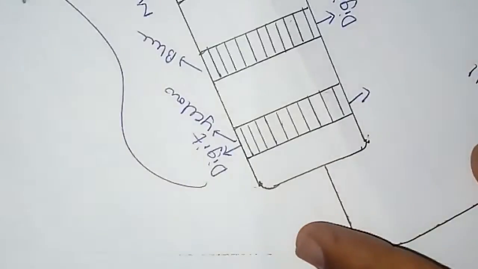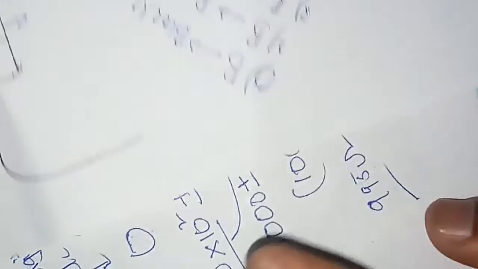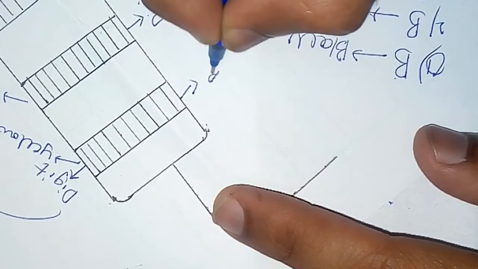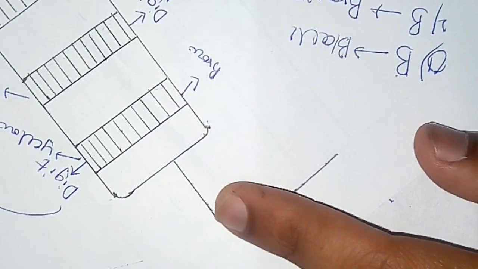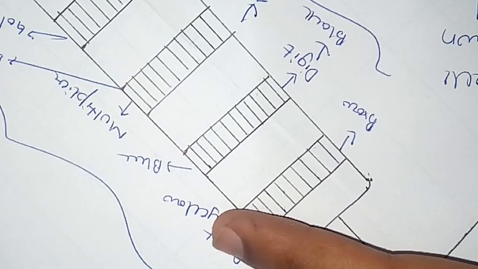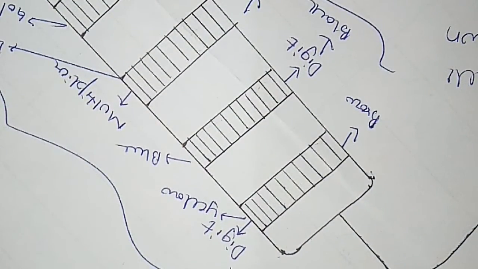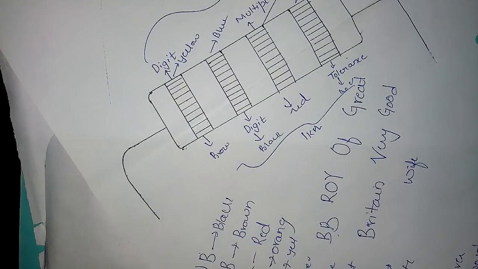So these colors indicate the 4.7 kilo ohm resistor. And the other example which we considered, brown, black, red, gold, indicates a 1 kilo ohm resistor. So in this way we find this is the conclusion.